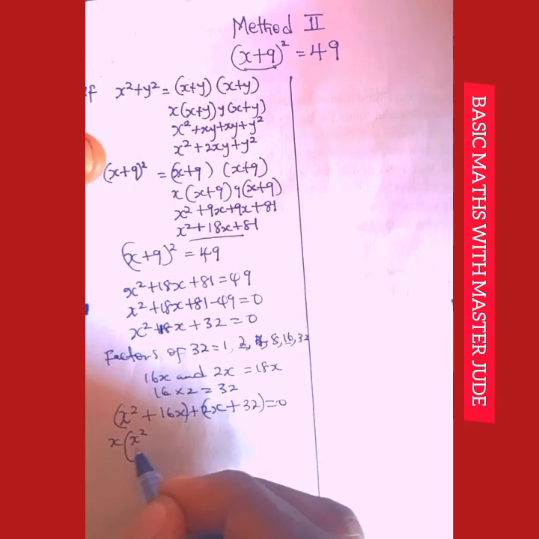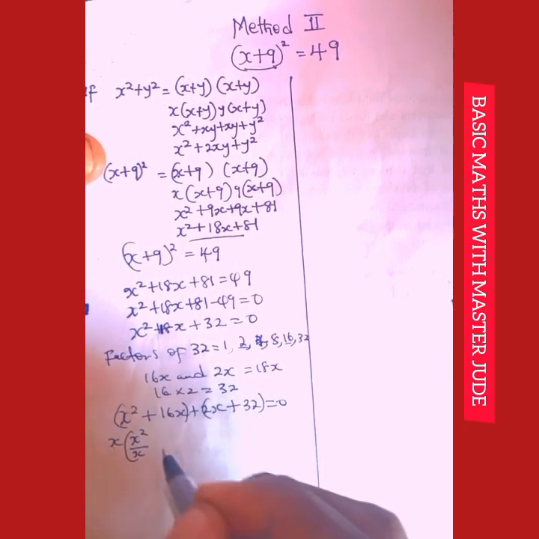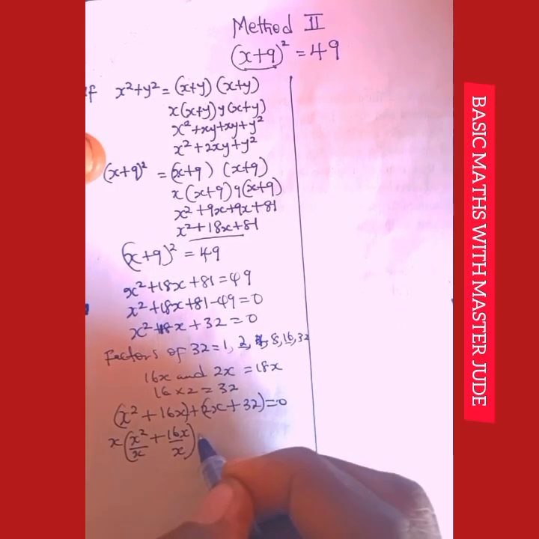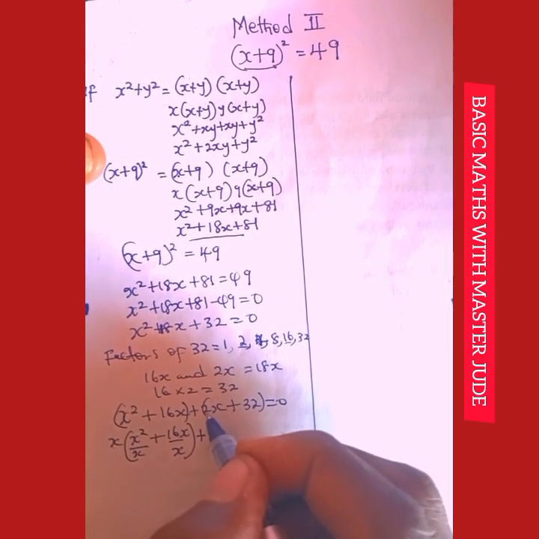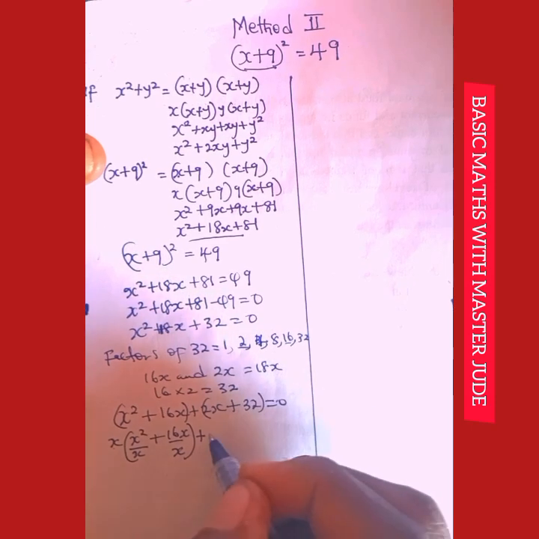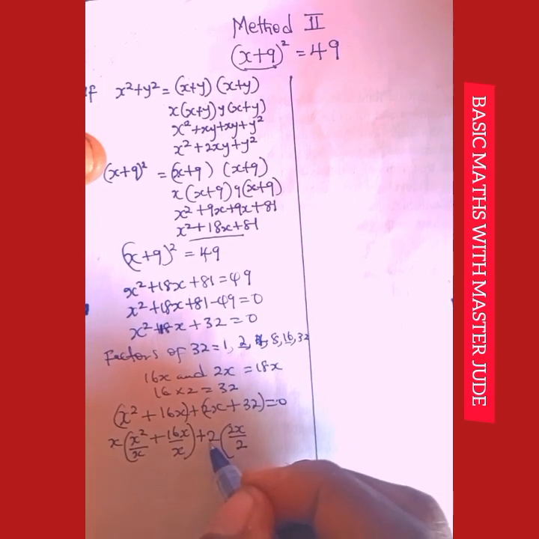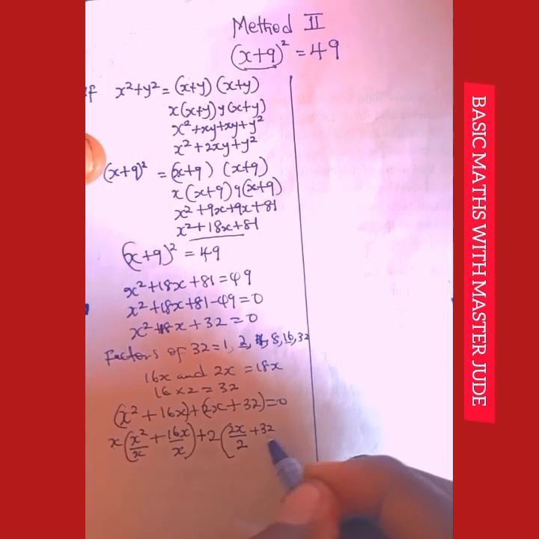Then I'll do x² divided by x, plus 16x over x, and close my bracket. Now 2 can divide itself and divide 32, so I'll factor out 2. Then I'll open my bracket and do 2x over 2, plus 32 over 2, equal to 0.